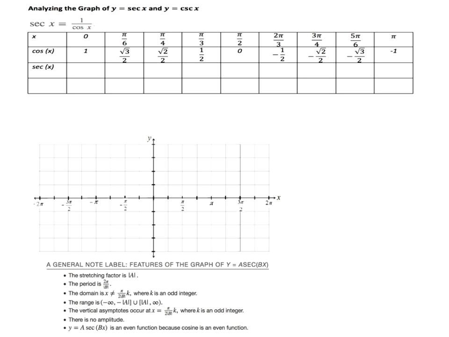Okay, so the secant. We know that the secant is the reciprocal of the cosine function. So I took that same chart that I created for the very first page that we looked at, the tangent function, and I just pulled the x information and the cosine information.